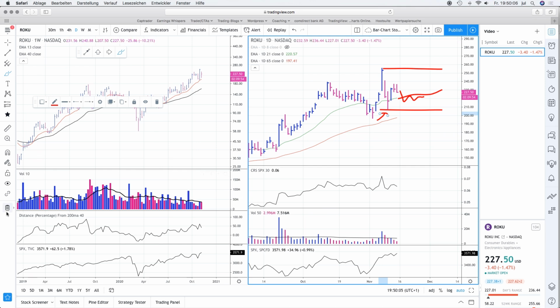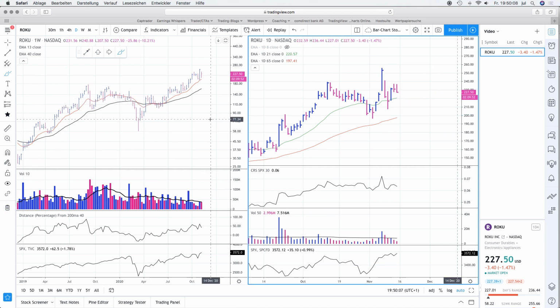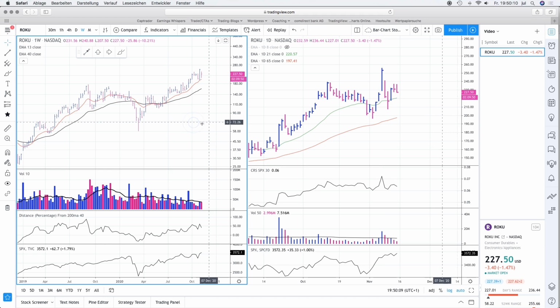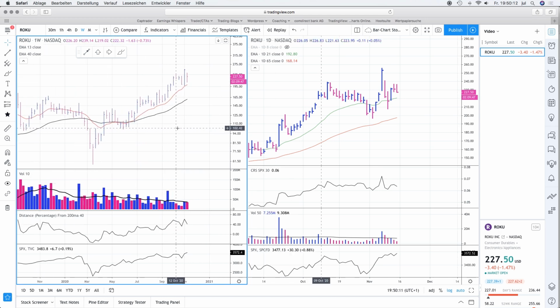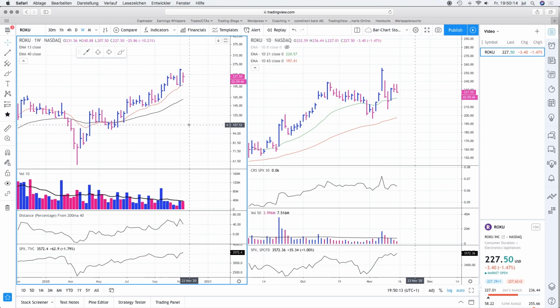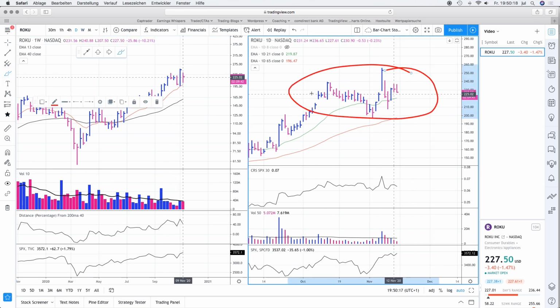So it can go sideways for weeks. What I now observe is the weekly chart. This is always much more important for me, because if you look at this year, you can see a lot of choppiness, a lot of volatility going sideways. But this is not shown in the weekly chart.